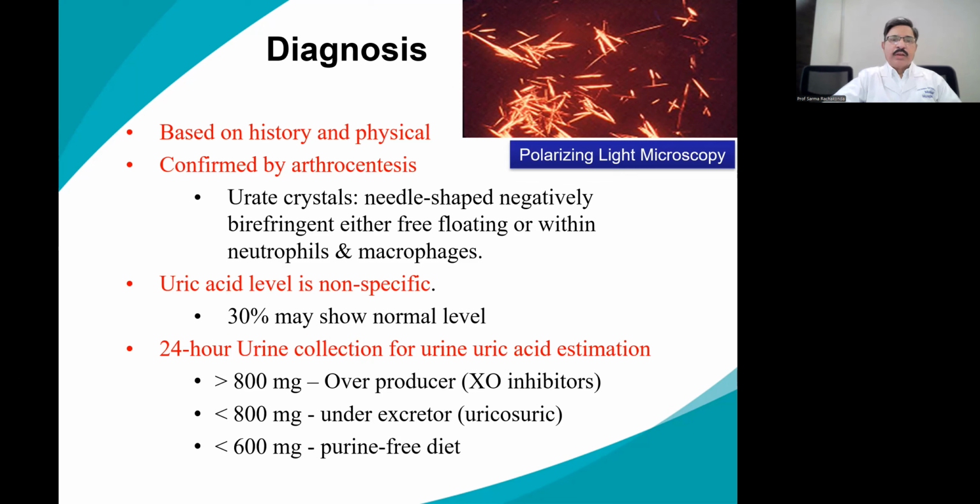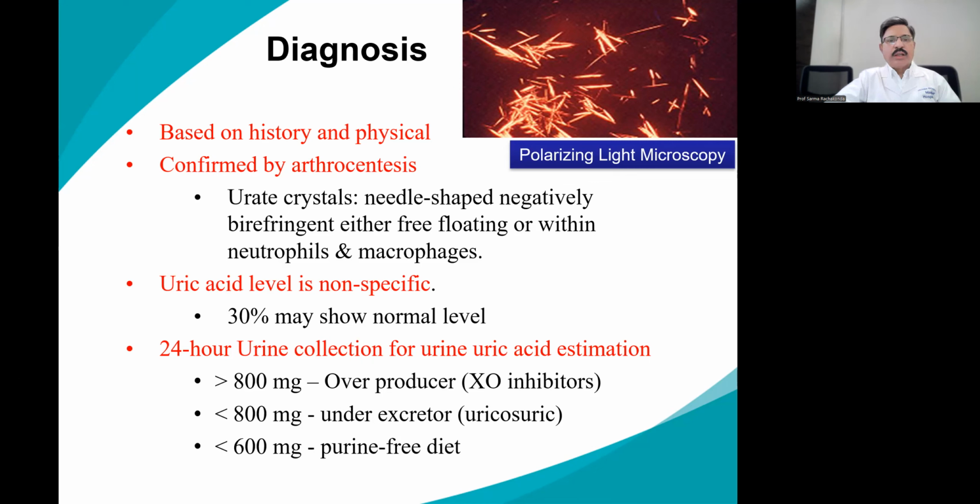Uric acid level is raised, but it may be normal in 30% of people in spite of gout. That means uric acid will not exclude gout. Uric acid may point that the person may have gout, but it will not exclude the presence of gout. Now, a more important test is not serum uric acid, but to collect a 24-hour urine and measure the uric acid.